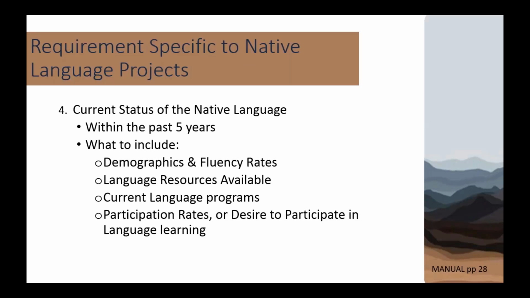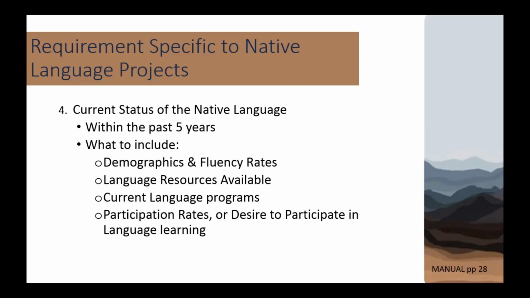And speaking of language projects, if you are planning to apply for a PNM or EMI award, keep in mind the language applications have an additional element under the current community condition. This additional element describes the current status of the native language. The status of the language needs to be described within the past 5 years.